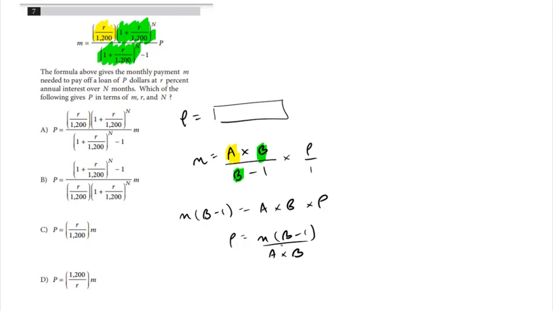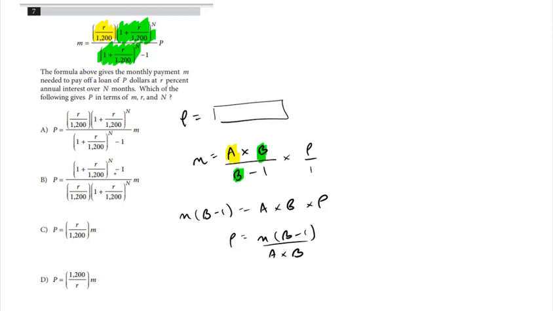Now I need to compare. I need an a times b on the bottom, so I need this times this on the bottom. So this is the only one that seems to work. And then let's just check that it works. So I've got the a times b on the bottom, which I need.